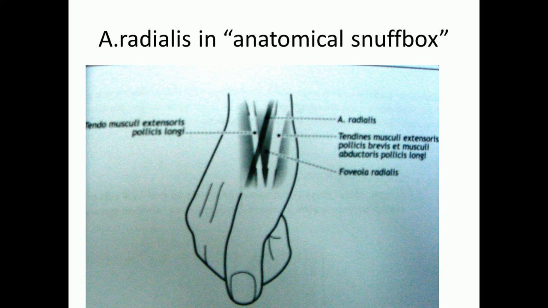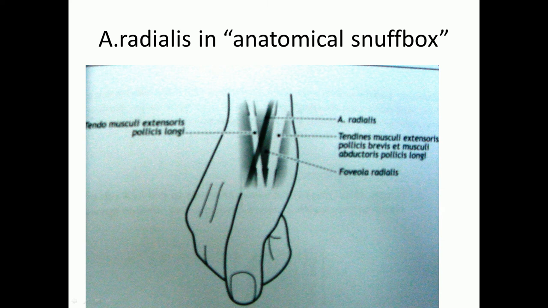You know, in Europe in the 18th century, there was a tradition to sniff tobacco, special sorts of tobacco, and those who were poor and had no special, for example, gold or silver snuff box, used this small place in our arm, which is now named the anatomical snuff box.